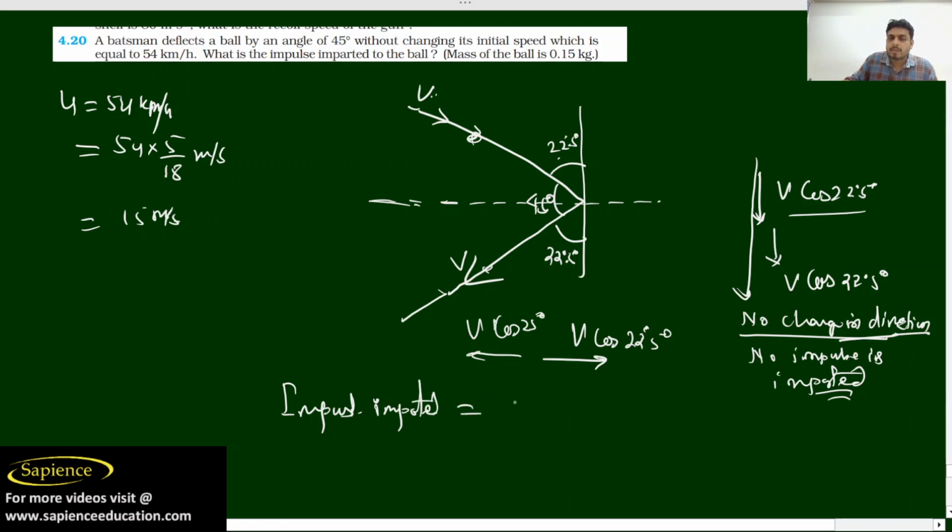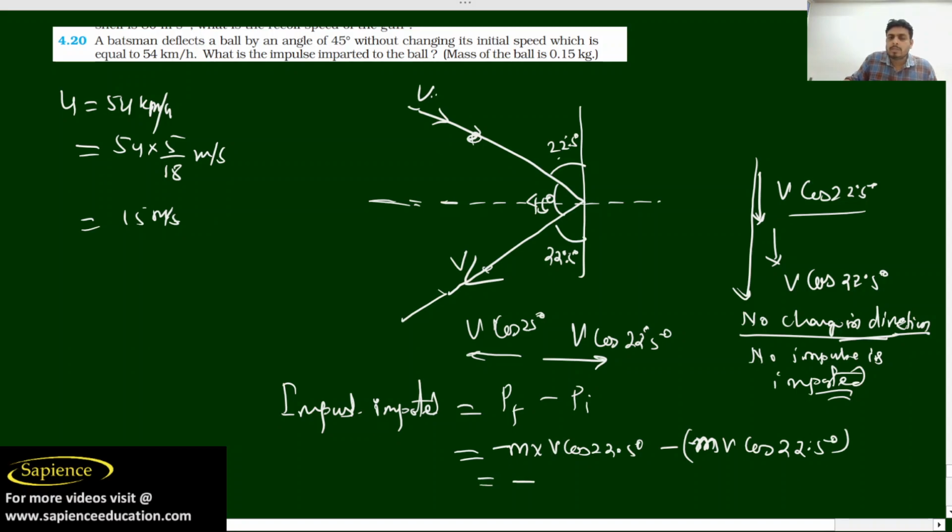So the impulse imparted will be equal to final momentum minus initial momentum. The final momentum is minus m v cos 22.5 degrees, and the initial momentum is m v cos 22.5 degrees.